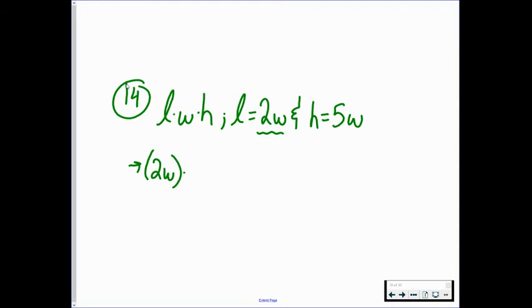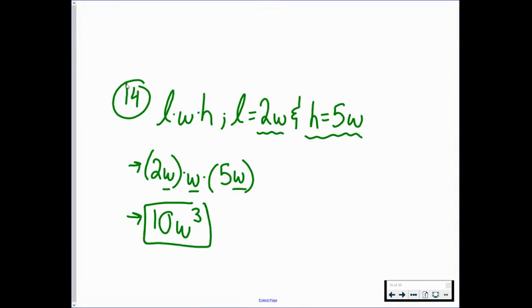In place of W, I'm just going to keep W. And in place of H, I'm going to put 5W. Now to simplify, we're just going to multiply all of these terms together. 2 times 5 is 10. And then we had 1, 2, 3 W's, which makes 10W cubed for your final answer on that expression.